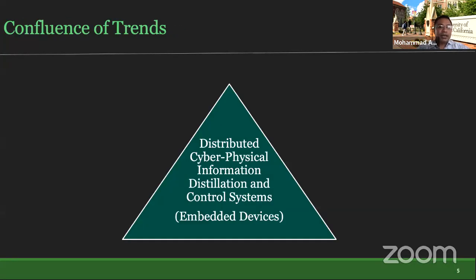One thing I want to present here, from a slide I took from UPenn, is why cyber physical systems: what is the confluence of trends, and what are the reasons we are moving towards this paradigm?